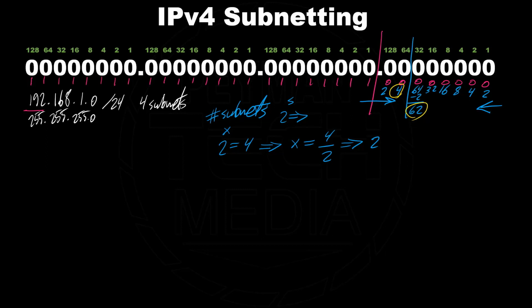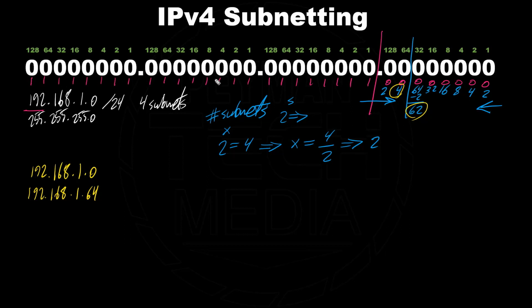So let's go over these subnets. Well, if we start from the 0 network, 192.168.1.0, and now let's write down the next subnet. The next subnet would be 192.168.1.64. Where is the 64 coming from? Well, we have to see the last bit that is turned on.